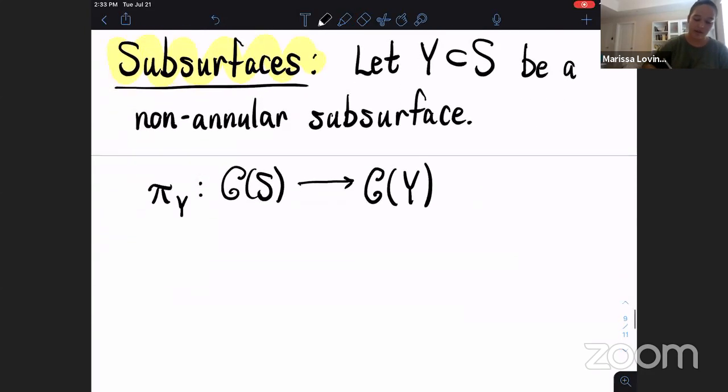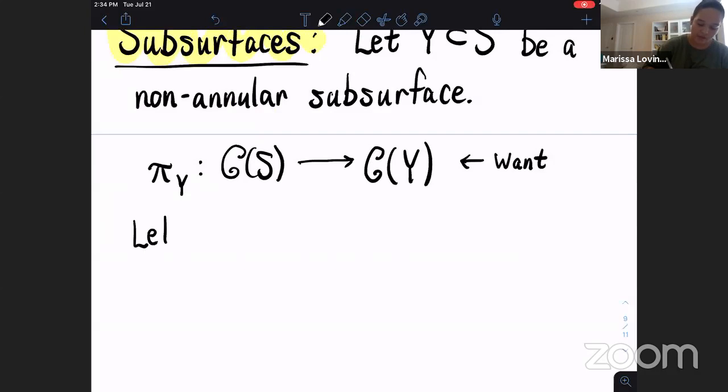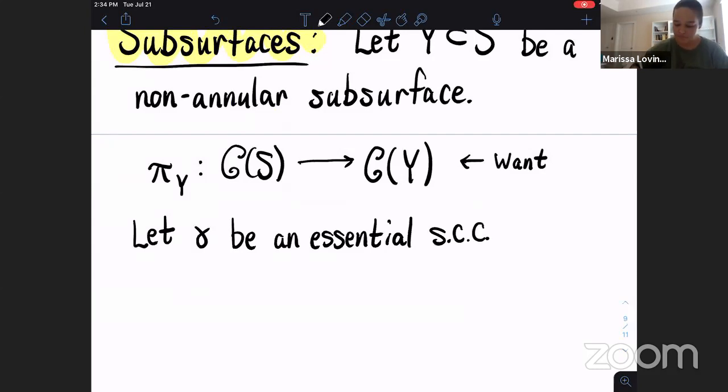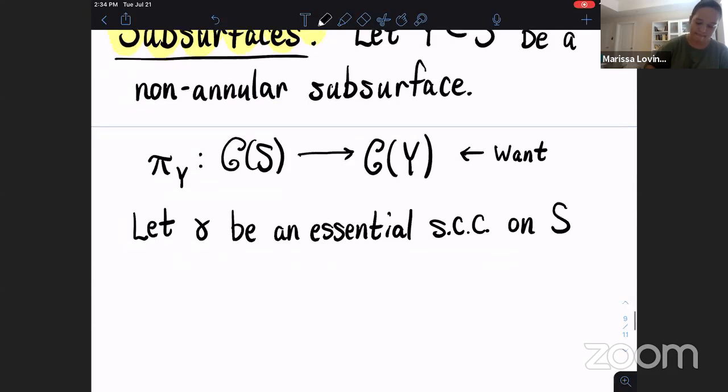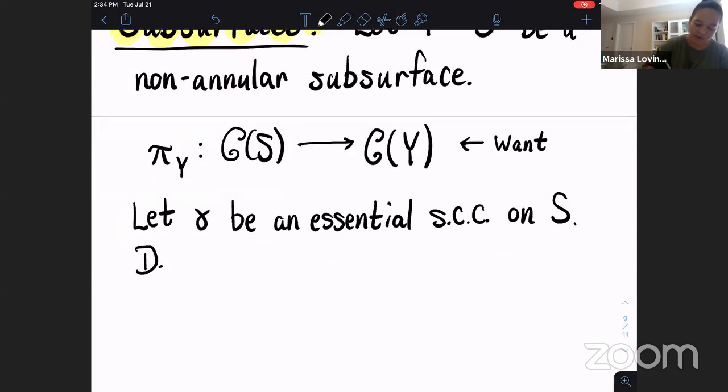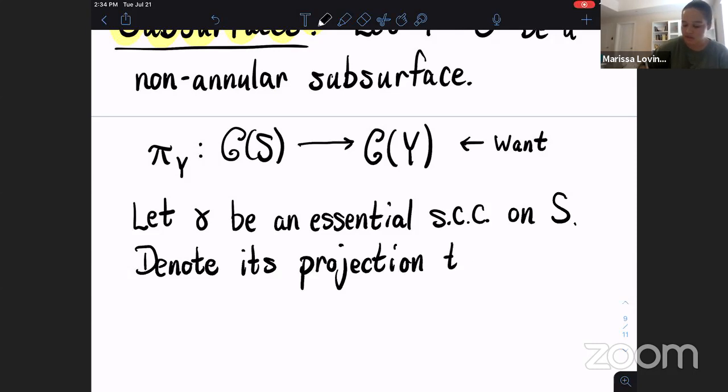And so let's see how I can go about doing that. This is what I want, but I haven't defined what this is yet. So I'm going to take an essential simple closed curve gamma on S, and we'll denote its projection to Y, with this projection map notation, pi sub Y of gamma.